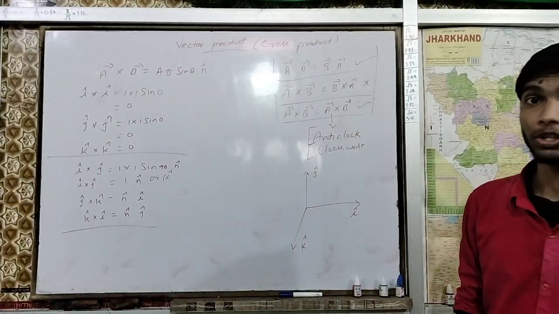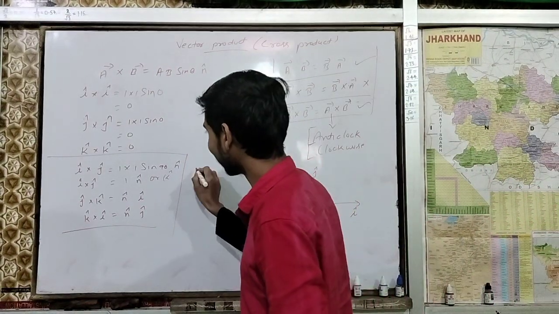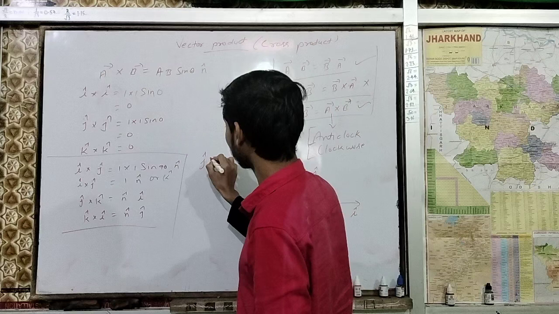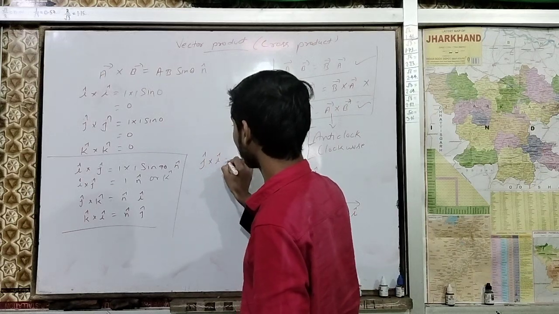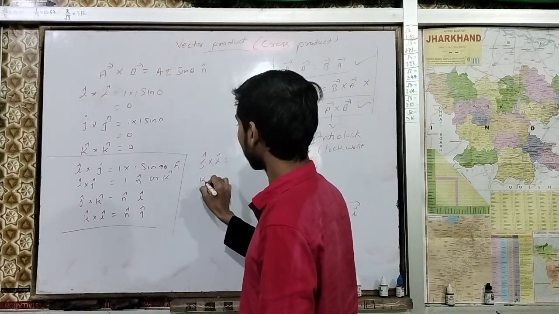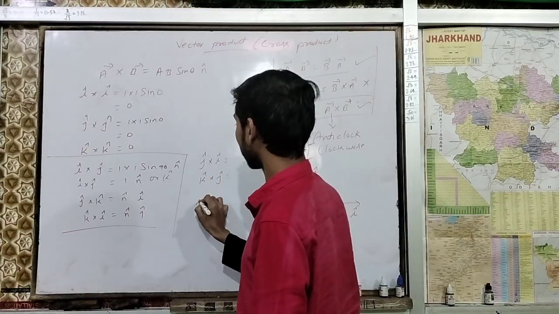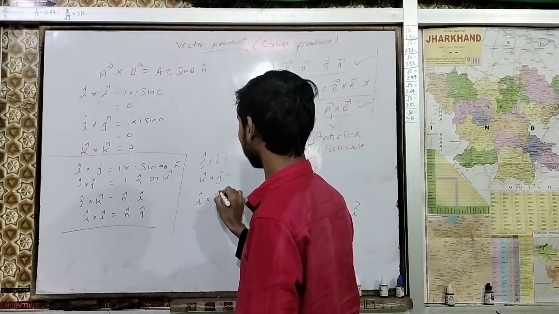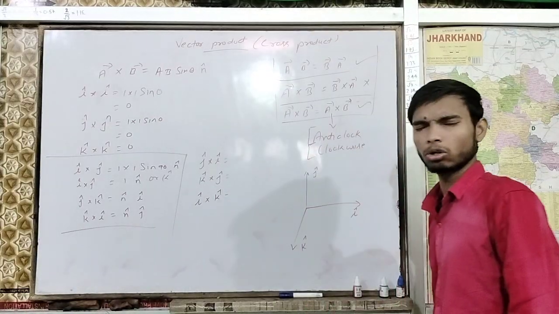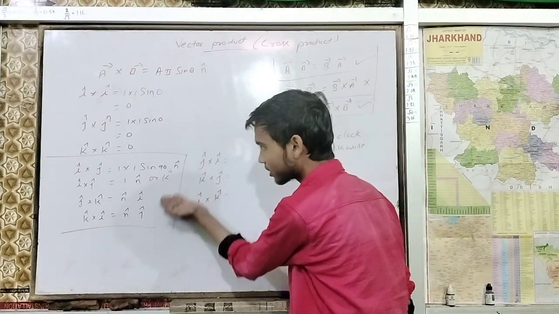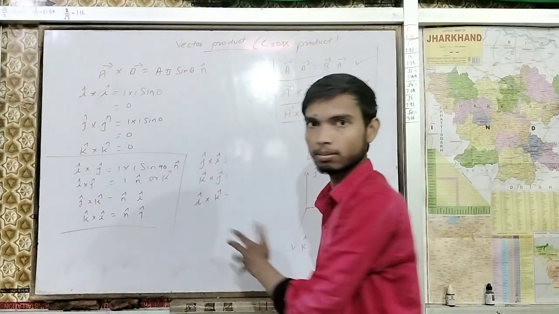But what if you take j cap and then I cap? K cap, then j cap, I cap, then k cap. In this case, do you think that this same thing will come?